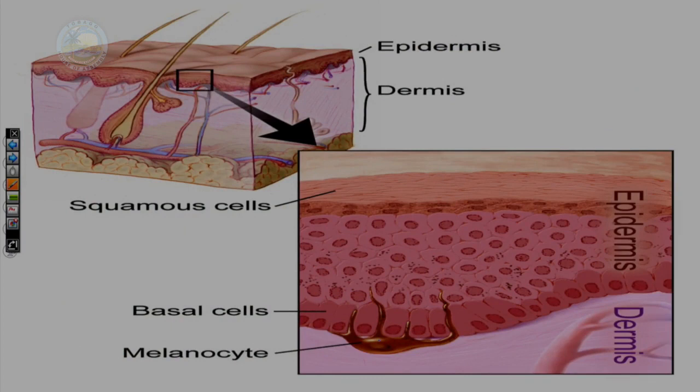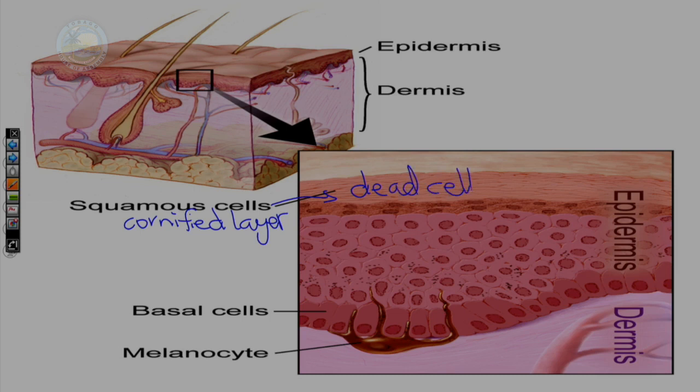So let us look a little more closely at the epidermis of your skin, the surface level. So at the top here we have the cornified layer. Better know your skin has so many layers. This cornified layer is made up of squamous cells, and these are dead cells.